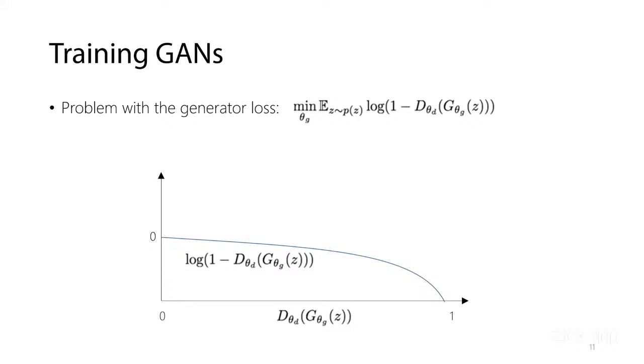And then when the generator gets better, if it ever reaches that stage, then the output of the discriminator, because the generator's output is so realistic, will start to shift towards 1, right? But then over there, the slope is pretty steep.